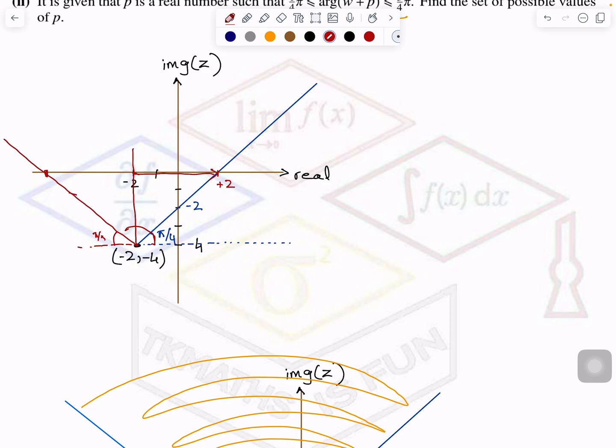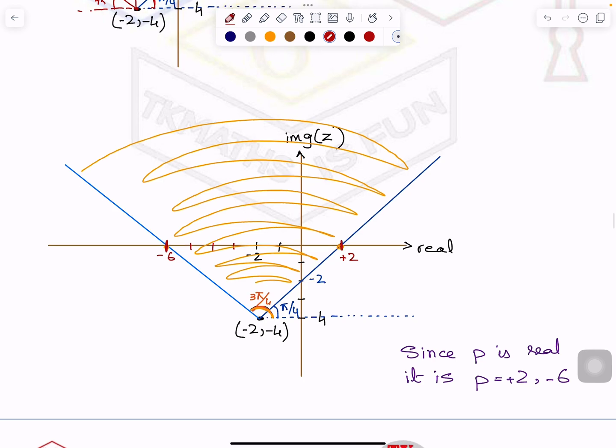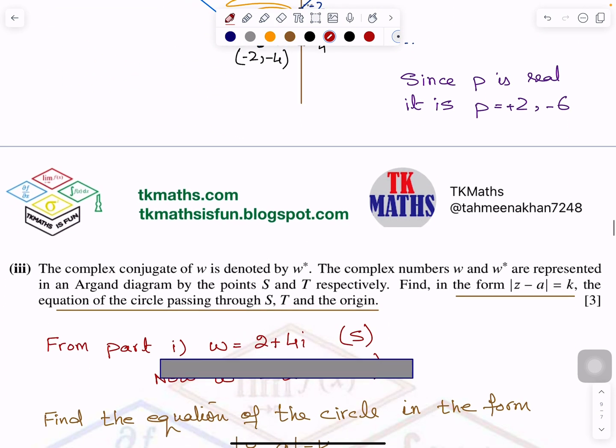So the line will pass through 4 unit on the left. So -2 and go further 4 unit back, it will be what? -6. This is how I figured out that this point will be -6 and this point will be 2. So I got the value of P: 2 and -6. Right? So that was the part 2.